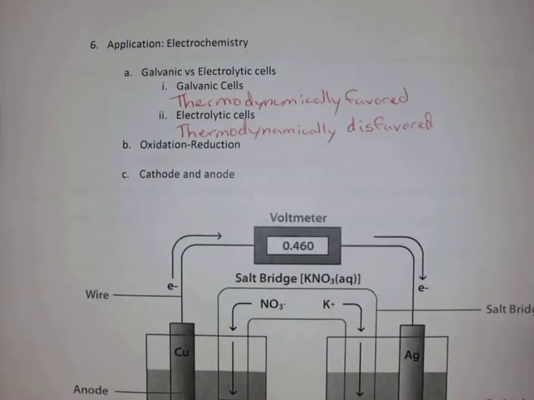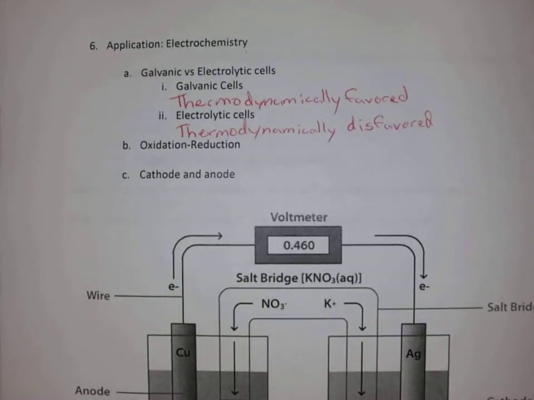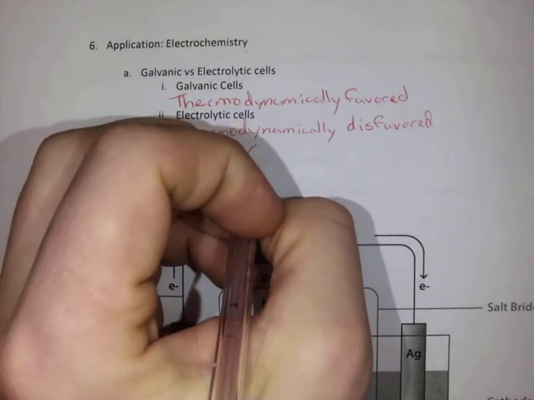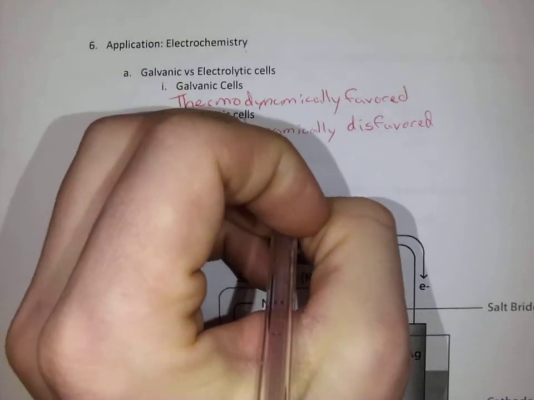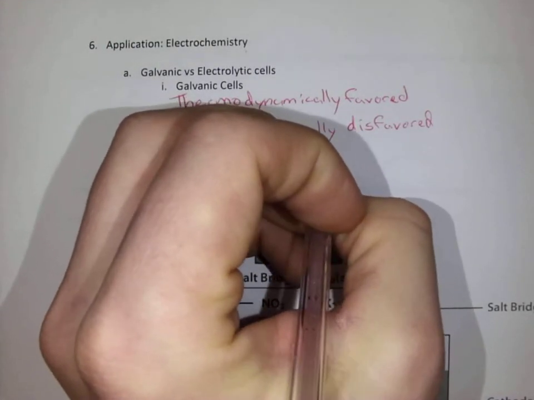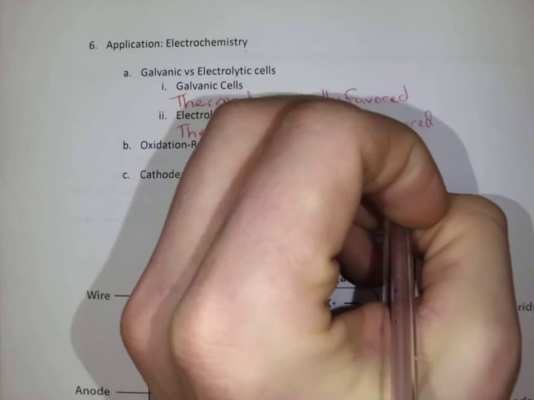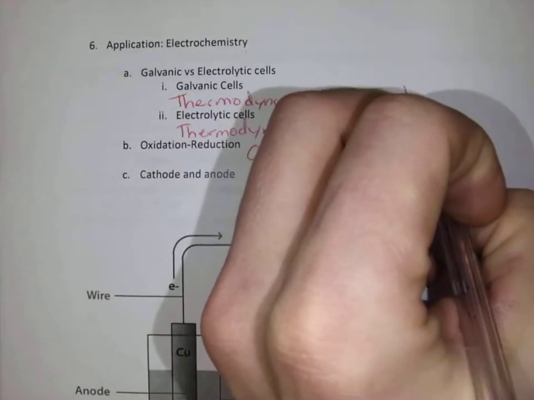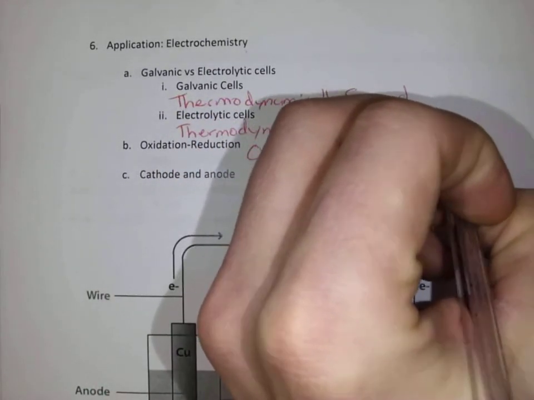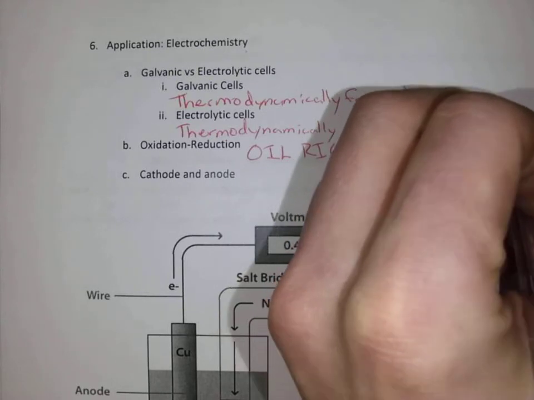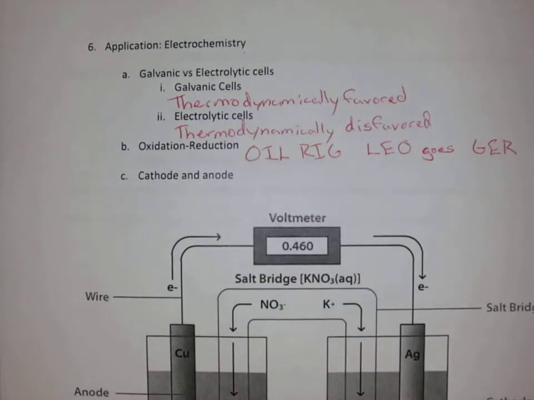Okay, so if we remember from earlier in the year or maybe from last year, we've talked about oxidation reduction reactions. We can remember the term OIL RIG, or we can remember the term LEO goes GER. That's telling us with our half reactions whether we have an oxidation reaction or a reduction.